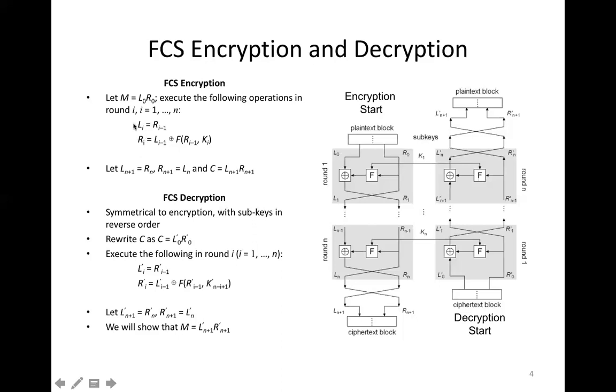Now you swap these two, and you get L sub n plus 1 and R sub n plus 1, and that is your cipher text. Now let's look at the diagram. On the left column of this diagram, to begin with, this is your input block or plain text block.